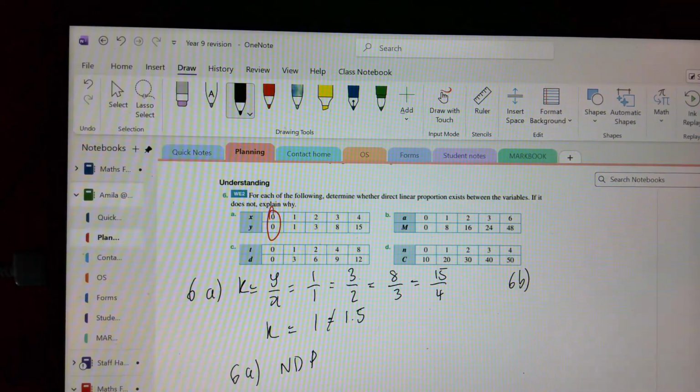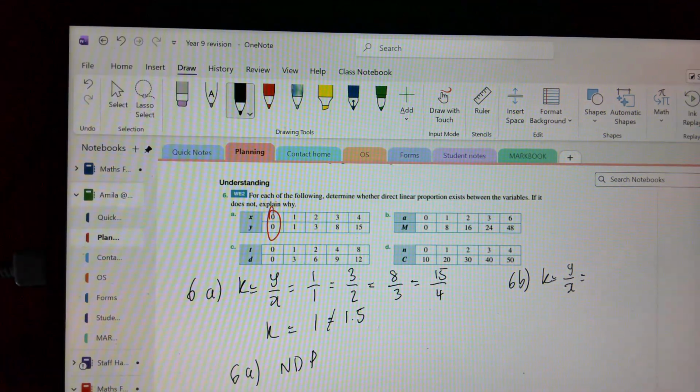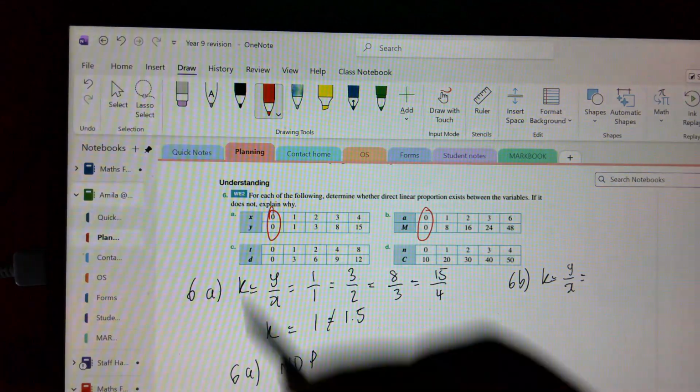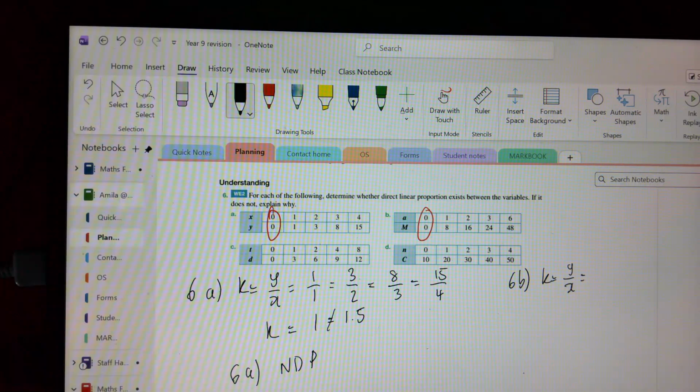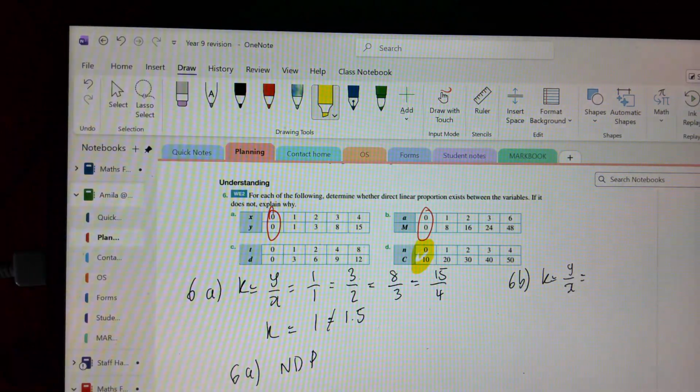6b, again we're going to do the same thing. We're going to do y divided by x, and we're going to see if we have the same k value. Again, I'm going to ignore the point 0, 0 because it has to start at 0, 0 for it to be a direct proportions graph. If it doesn't start at 0, 0, like C over here, then we know it's not directly proportional.